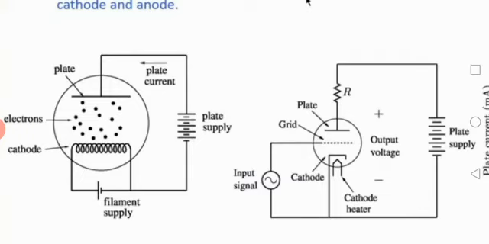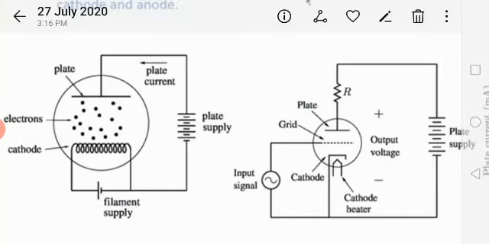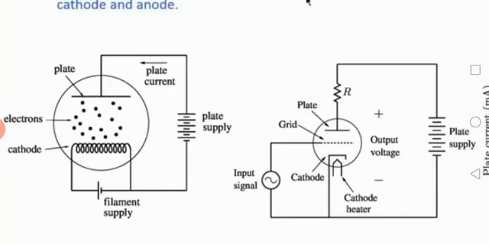Whenever we boil the water at a particular temperature, the water molecules leave the surface of water and convert into the vapor. So just like this, the electrons are emitted at a particular temperature, whenever a sufficient amount of energy in the form of heat is provided to the electrons of the cathode, or whatever metal is used in the cathode.